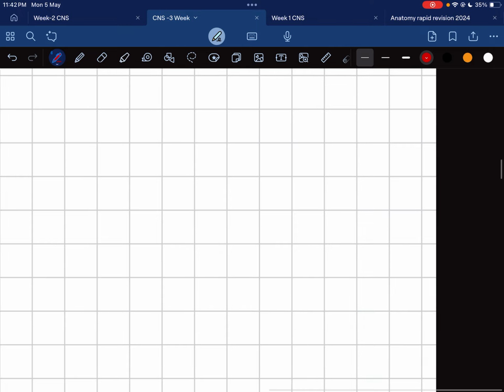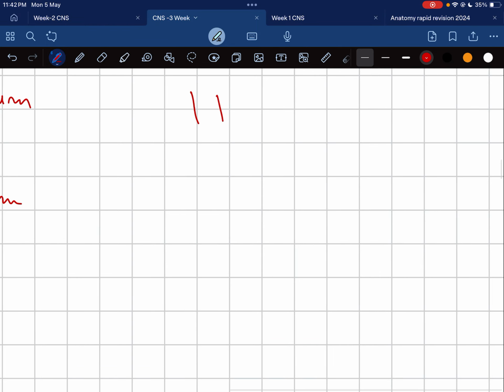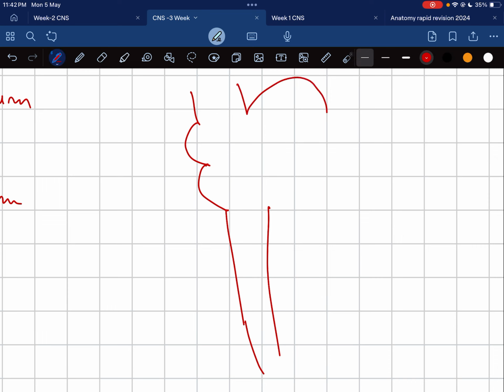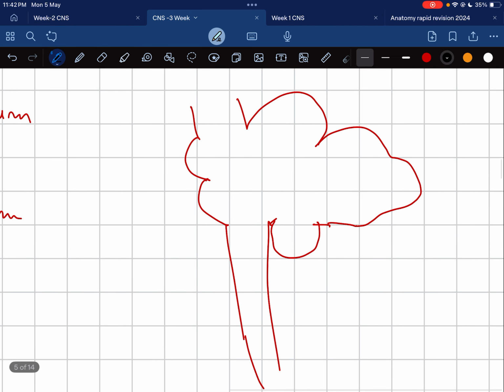So moving on to the structure, this is the midbrain, pons, medulla, and spinal cord, and when we draw the cerebellum, this is the structure of the cerebellum. When we cut a transverse section of the posterior part, this is the spinocerebellum.